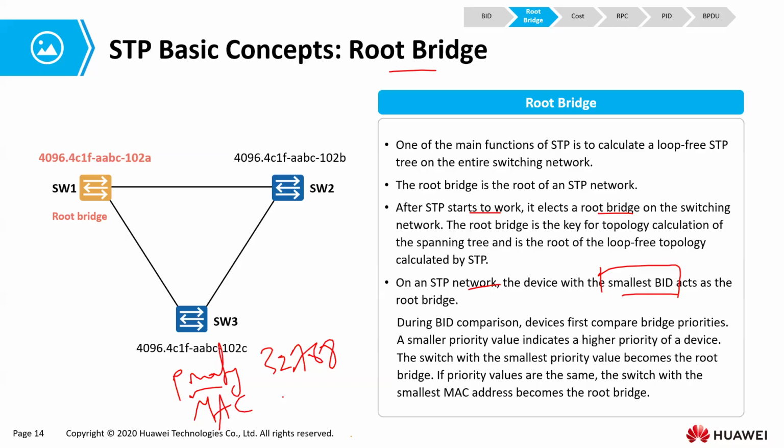The one with the smallest becomes the root bridge. During BID comparison, devices first compare bridge priorities. The smaller the priority value, the higher the priority. That's a bit confusing, but it is what it is. If priority values are the same, the switch with the smallest MAC address becomes the root bridge.